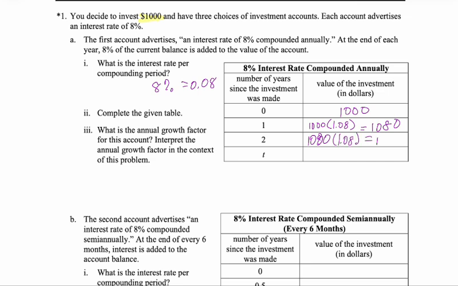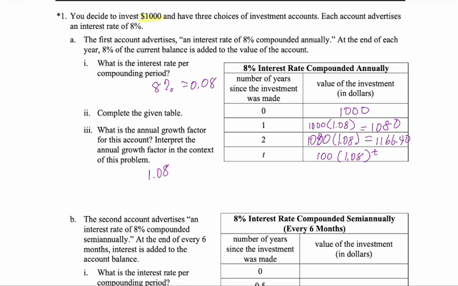We get $1,166.40. So the actual formula, remember, is always our starting amount times our growth factor, raised to the time t. So at the 2 year mark, we have that $1,166.40. Now let's compare that. I'm sorry, the annual growth rate for this is 1.08.